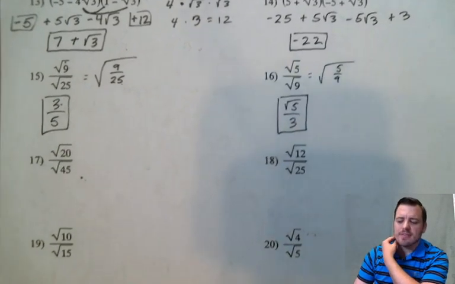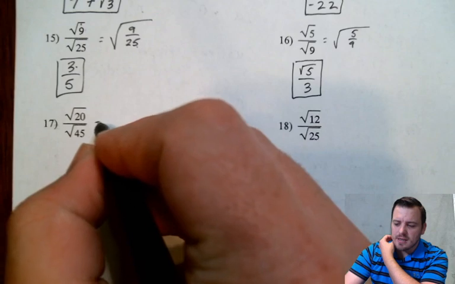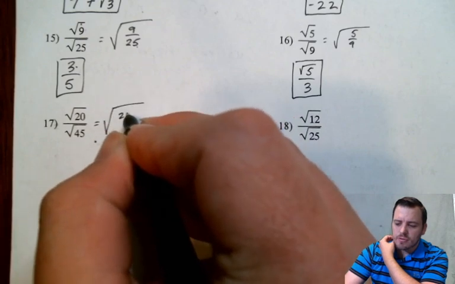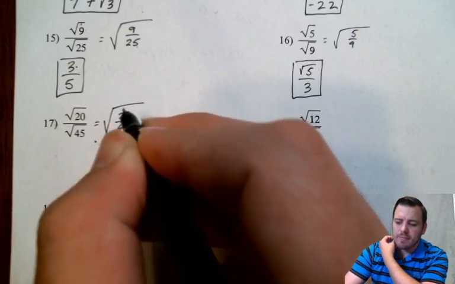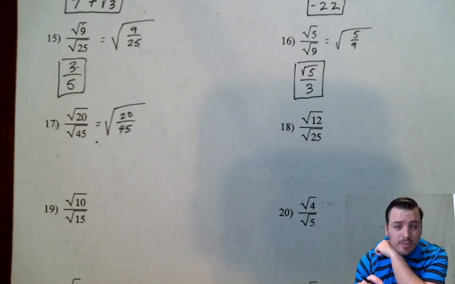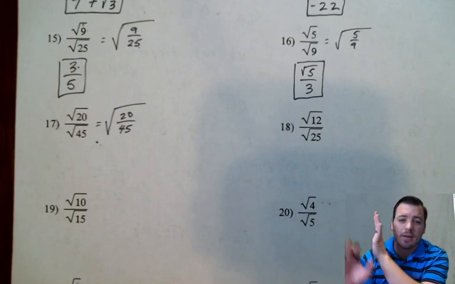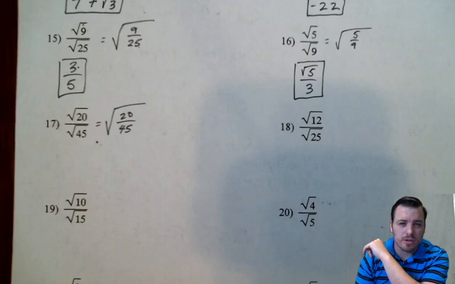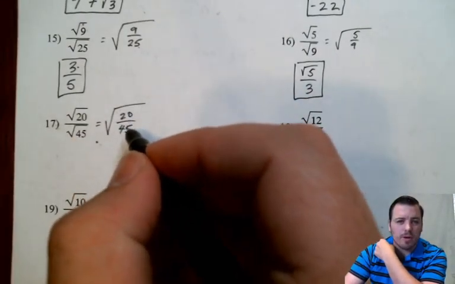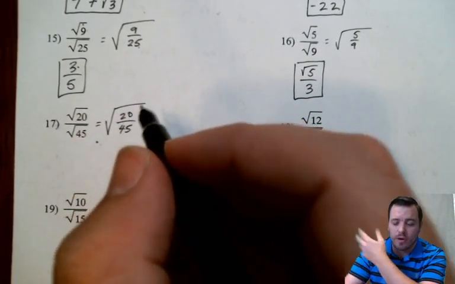Okay, looking at 17. Take 17, radical 20/45. Now, there is a number that will go into both of these, the number 5. We're not even asking what perfect square will go into it. We're just asking what one number will go into both of these, and the answer is yes, 5 will.